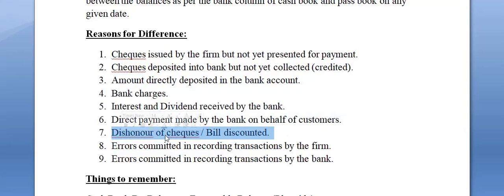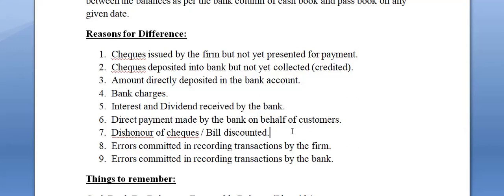So by dishonor of check, we simply mean the bouncing of check. You must have heard your check has been bounced. Okay, some of you must have heard this term. Okay, bouncing of check, bounce bhayo. Okay, they say like this, isn't it?